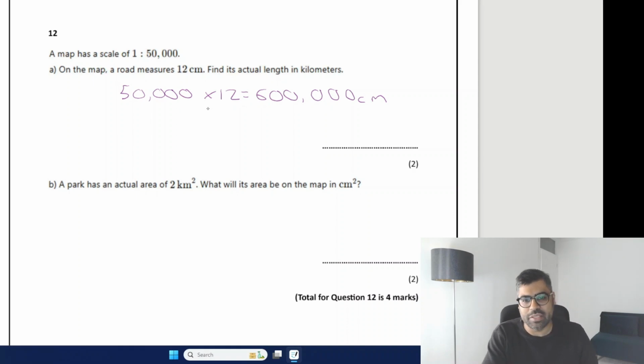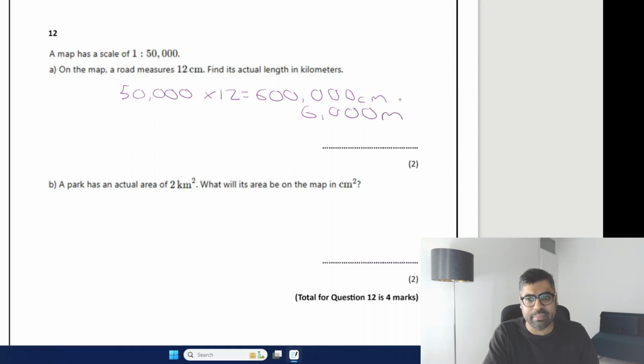There's a couple of ways you can do it. Either you just know that 100,000 centimeters is 1 kilometer, or if you're unsure, you're in an exam pressure environment, just do it in steps. First convert centimeters to meters. How do we do that? Well, there's 100 centimeters in a meter, so to convert this into meters, you would just knock off 2 zeros. That would give you 6,000 meters.